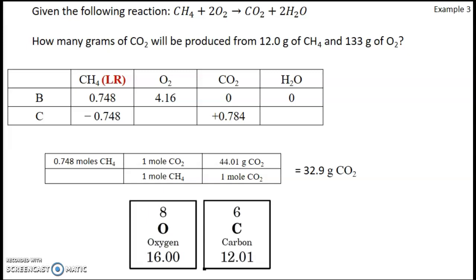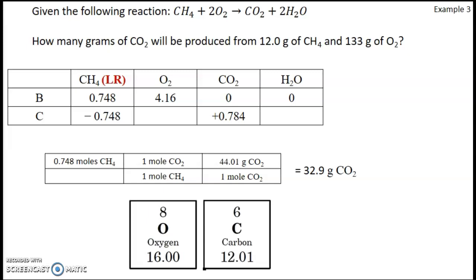Just like our more simple stoichiometry that we learned previously, we're going to use a mole-mole ratio from the balanced chemical reaction equation. The coefficient for CO2 is 1. The coefficient for CH4 is 1. So that's 1 mole to 1 mole. We are going to use the molar mass of CO2 to get our answer into grams of CO2. And that answer should be 32.9 grams of CO2.